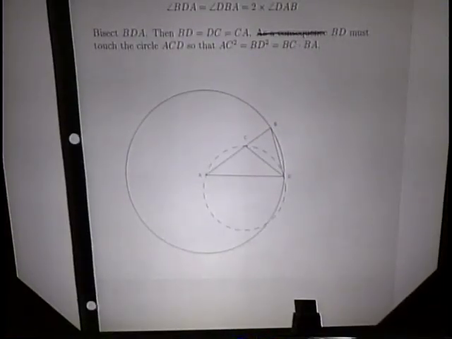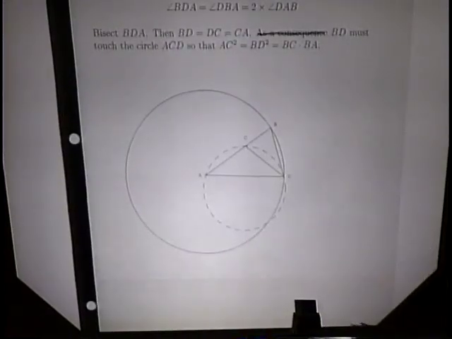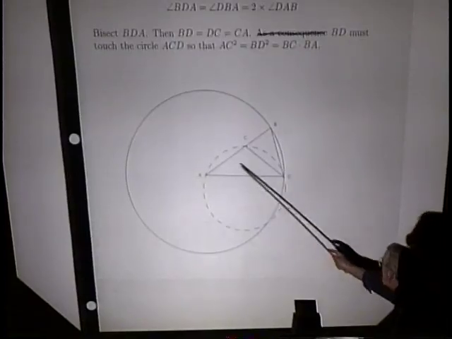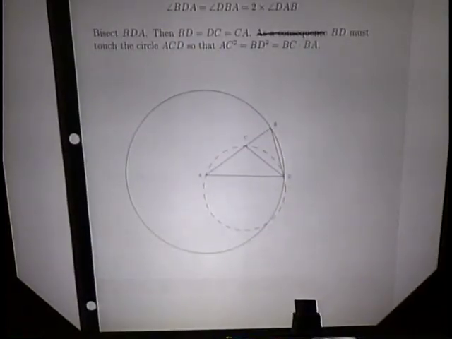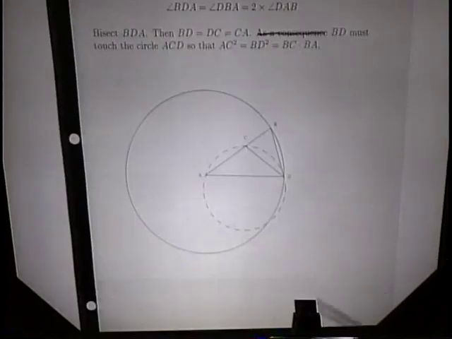What reason do we have to think that BD must touch the circle? Because we're in that situation, so to speak, backwards. When we had BD touching the circle, then we knew that this angle was equal to this angle. And we can imagine, and it is possible to convince oneself, that there's a converse theorem, namely, when this angle is equal to this angle, then BD touches the circle.